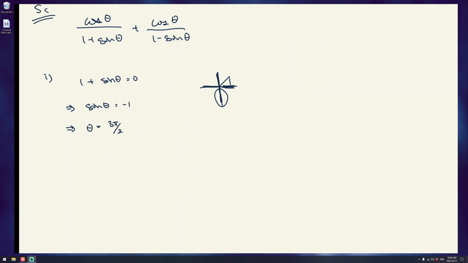Okay? So now that we found the theta that makes the denominator equal to 0, we need to know for sure that, remember, theta cannot equal 3 pi over 2, okay? Because if that's the case, it's no good, right? And what I'm going to do is let you try for this one.